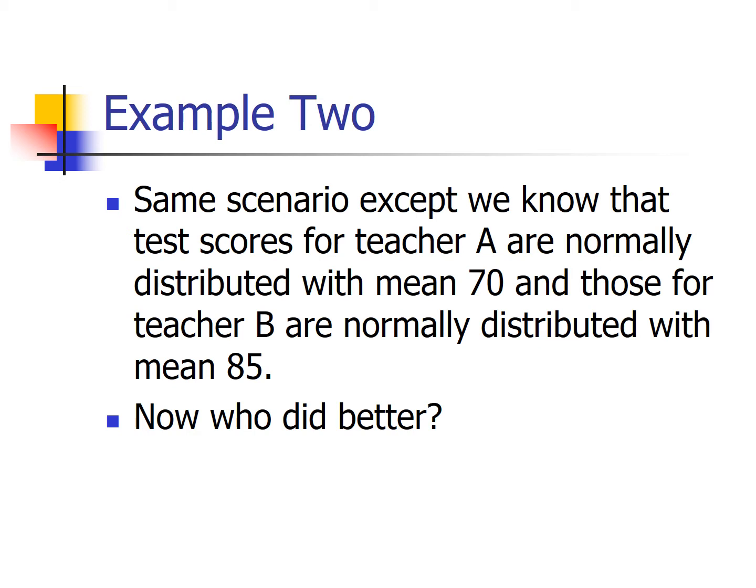So student A says that in my class the average score was 70. I scored a 75. That means that I did above average. Whereas my sibling, child B, had that same bell-shaped distribution, and more importantly, the average for that test was an 85. Which means that child B, who got an 80, did worse than average.